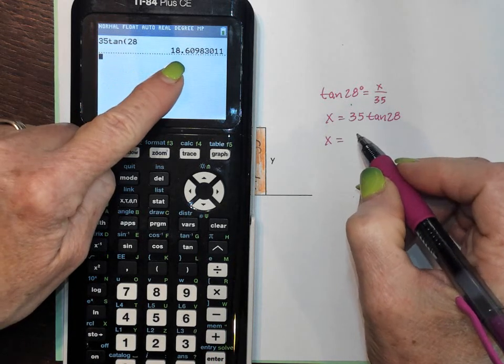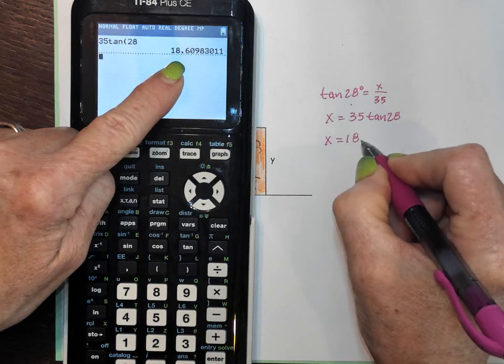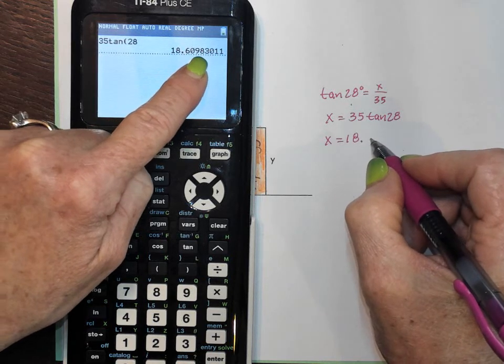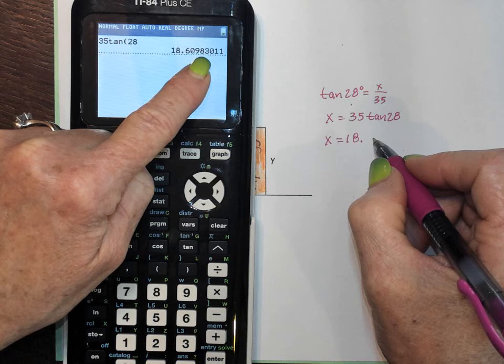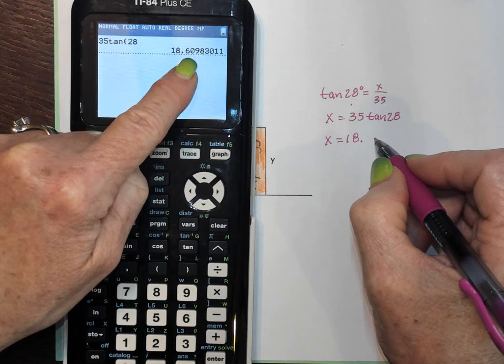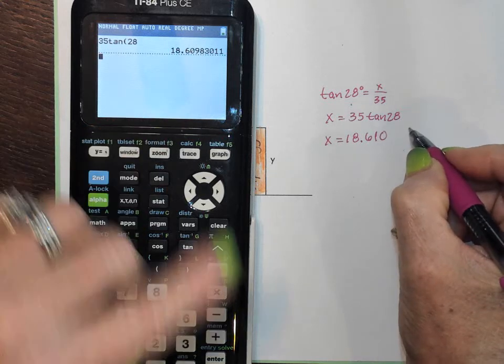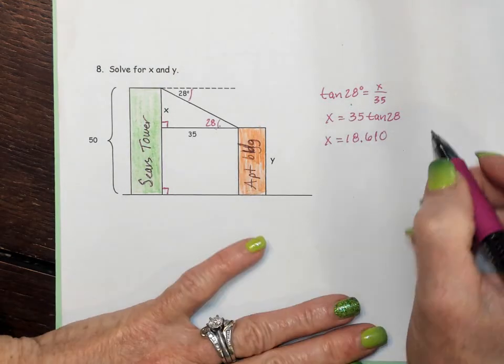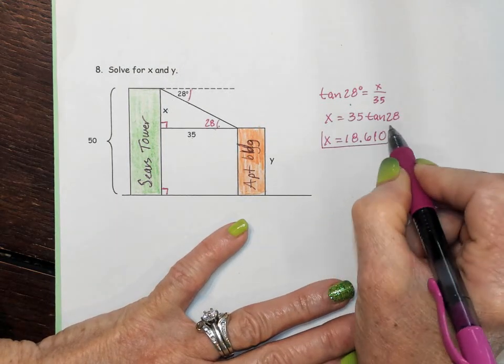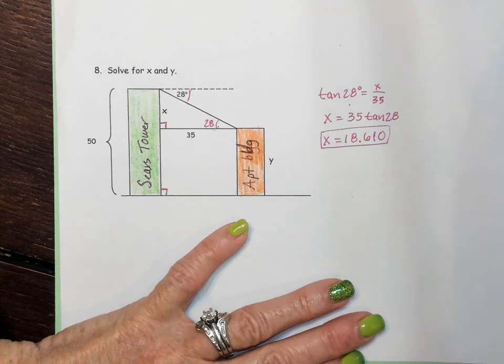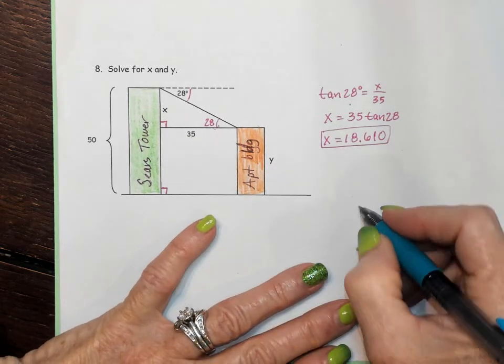X is 18.6098. That 8 is going to make that 9 round up to a 10. So 18.610. There's x. Now let's find y.